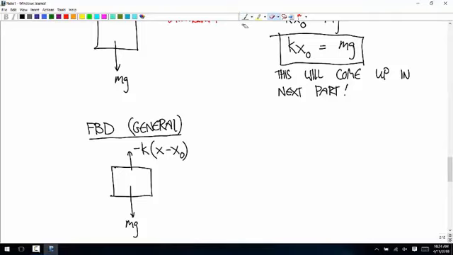Is it clear to everybody what I'm doing with that sign there? The way I think about these signs is I know that it's going to be plus or minus k times the distance from the current position to the resting length of the spring.